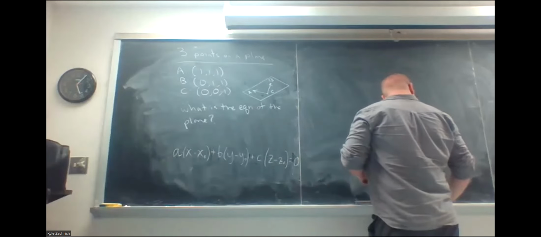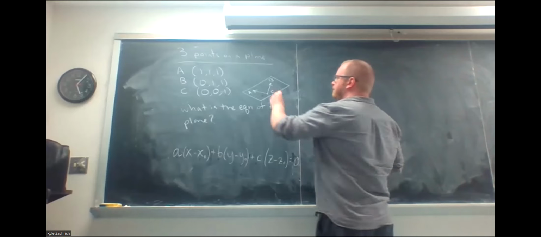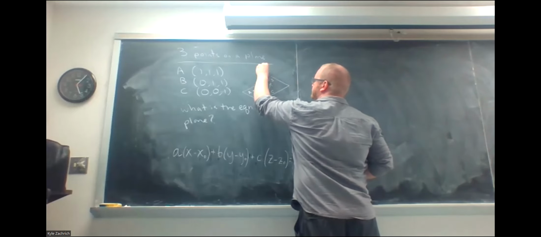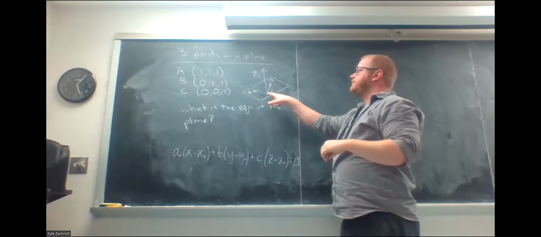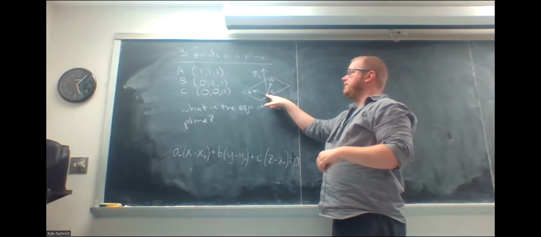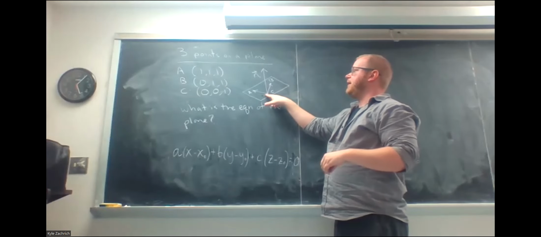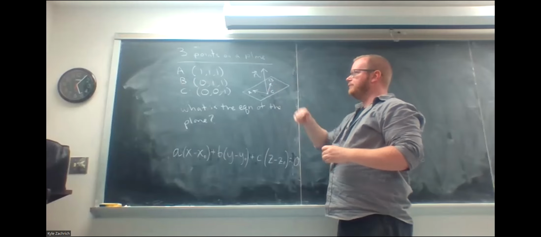The normal vector sort of sticks out of the plane, right? So we've got 2 vectors on the plane, CA and CB, and then this normal vector sticking out.